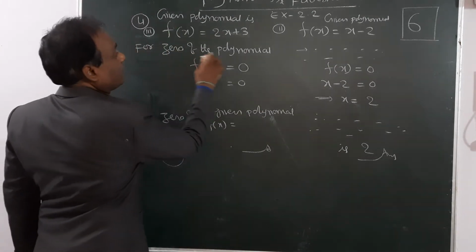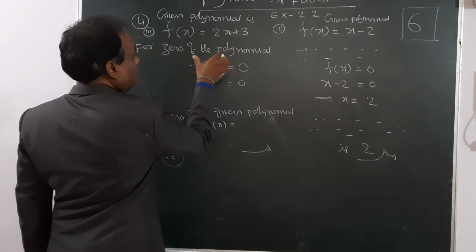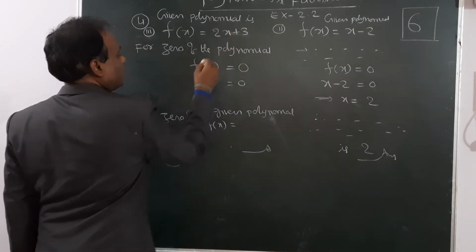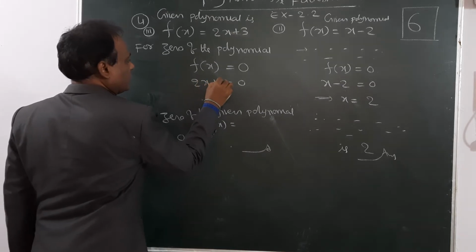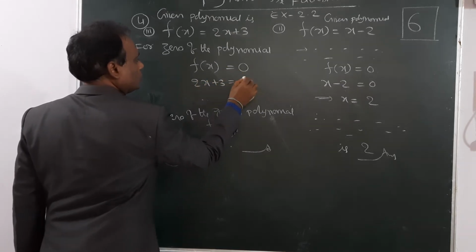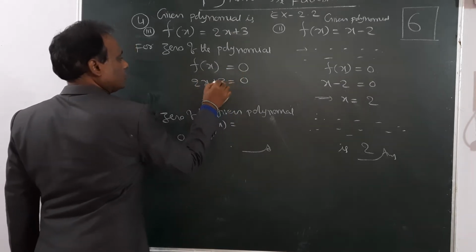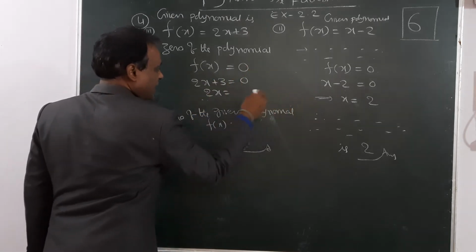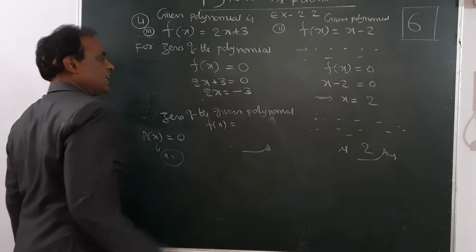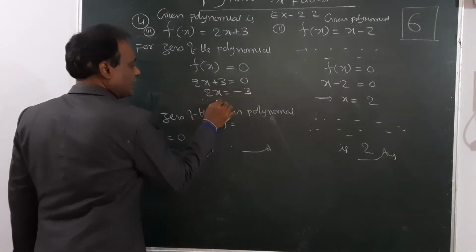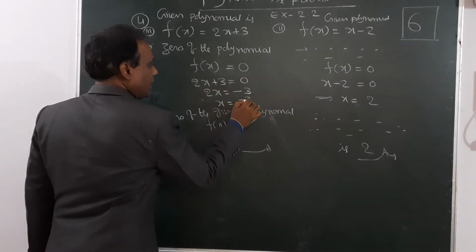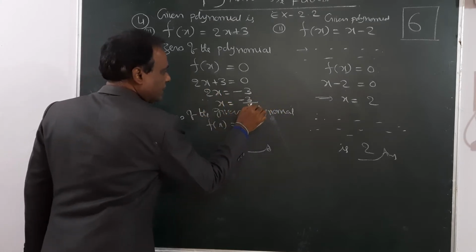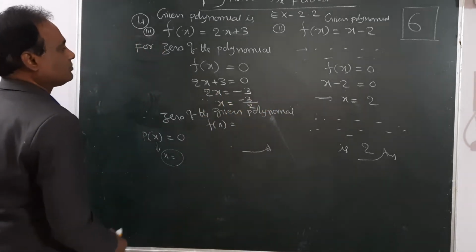For zero of the polynomial, that polynomial should be equated to 0. So 2x plus 3 is equal to 0. 2x is equal to, plus 3 to the right side, minus 3. x is equal to minus 3 by 2, since 2 is in multiplication, if you take it to the right side, it will be the denominator.